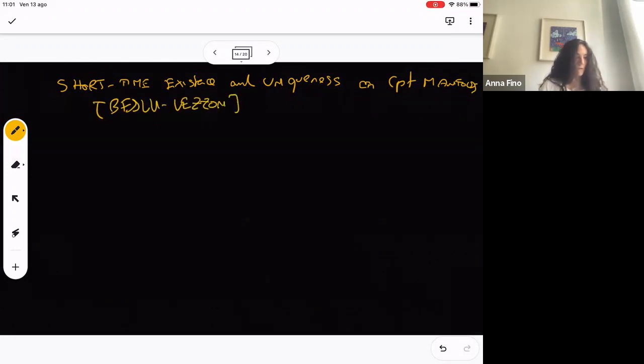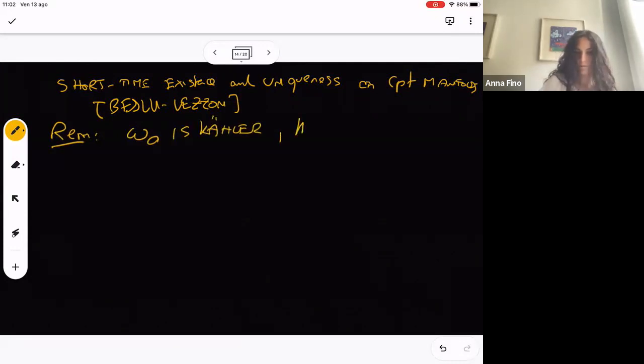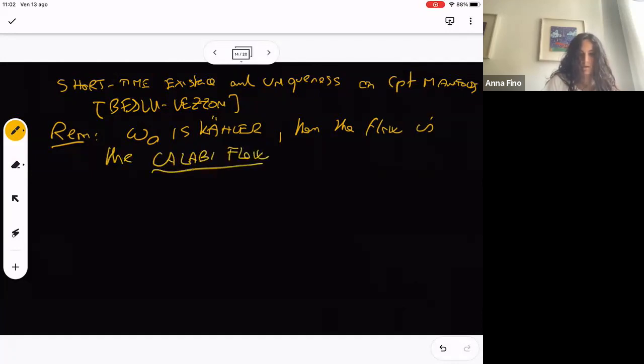And what one can show is, first remark, I think where the idea to consider this flow comes from: if ω_0 is Kähler, then the flow is essentially the Calabi flow. In the previous expression, you just have the first part.